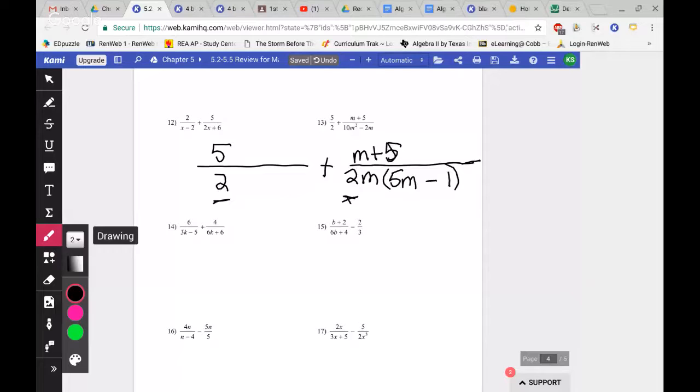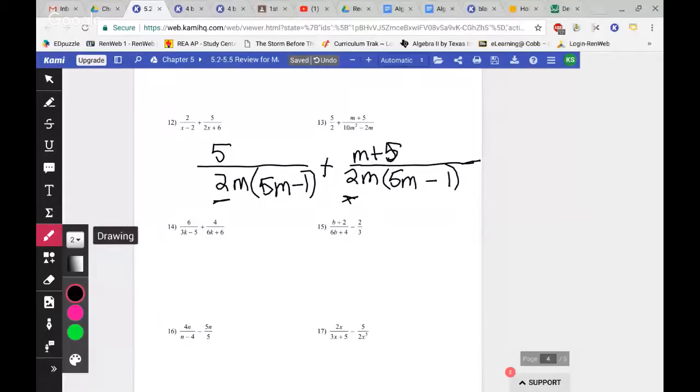So I wouldn't have to multiply this denominator over here by this 2 because it's represented in both places. You're looking for terms that aren't included in both of the denominators. And the only terms that are like that are an m and a 5m minus 1. Do you have anything to add to that, Miss Stone?